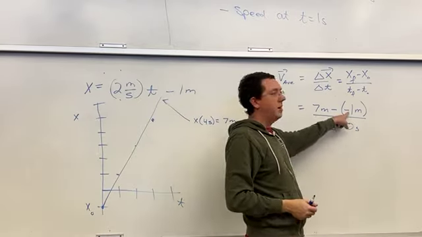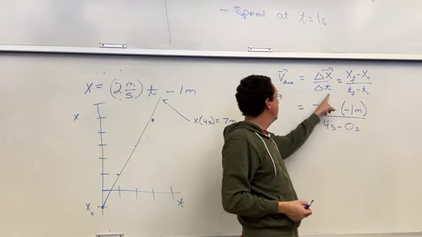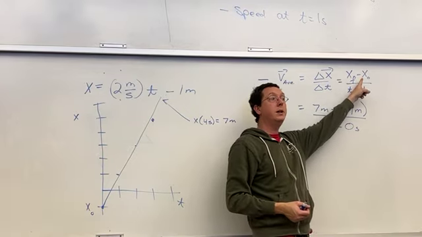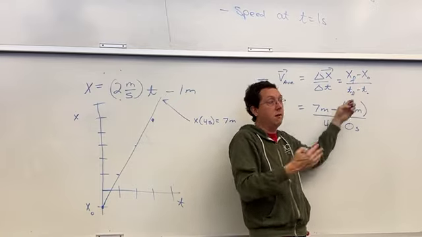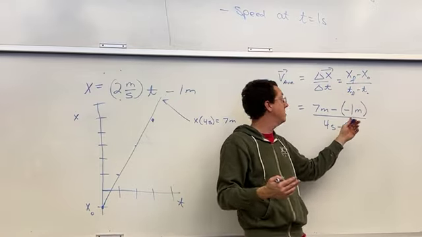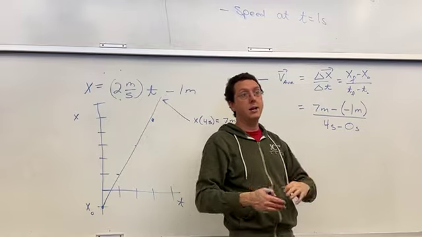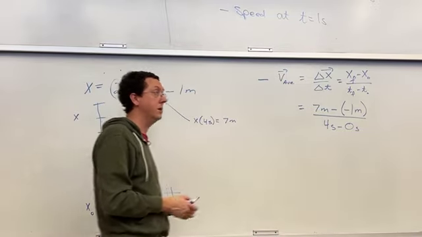Notice, I'm not afraid of minus signs. The formula is what it is. I plug in whatever I've got, positive, negative, I'm not afraid of minus signs. So if that means I have to subtract a negative, so be it.